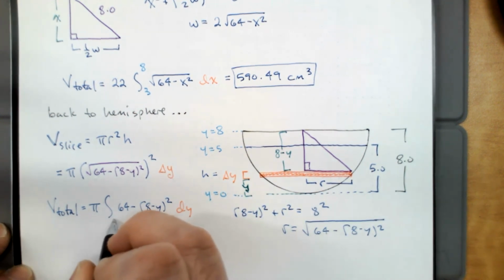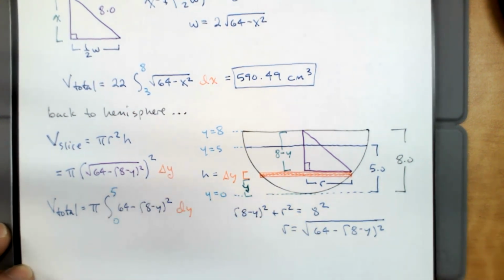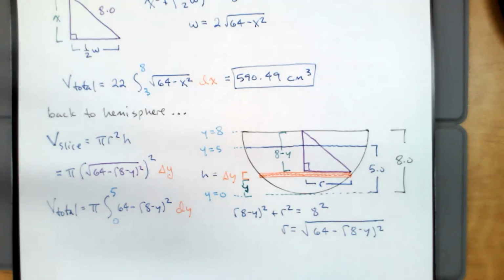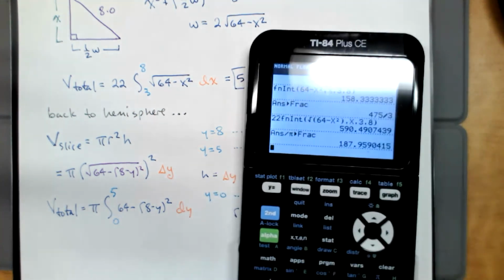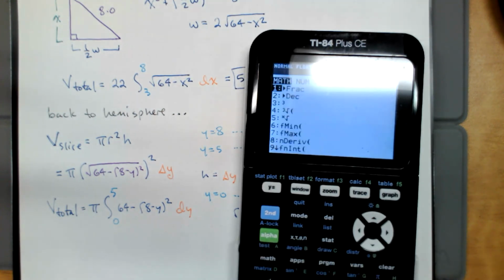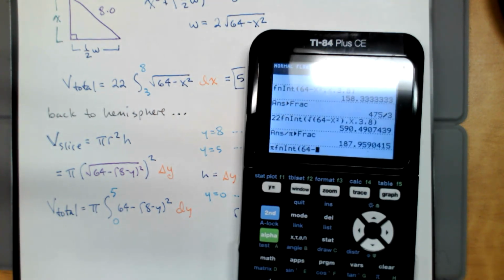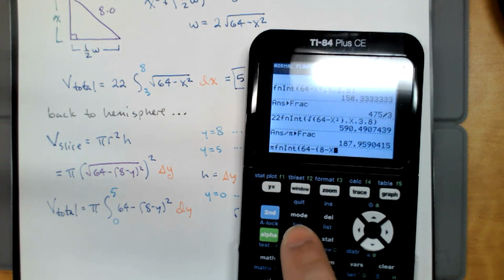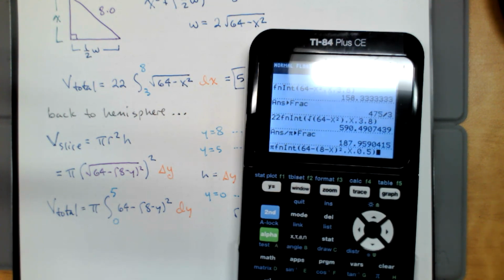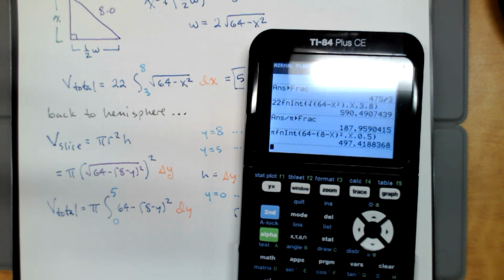From 3 to 8 and from 0 to 5, still 5 centimeters of depth of water. And we get the same 497.42.